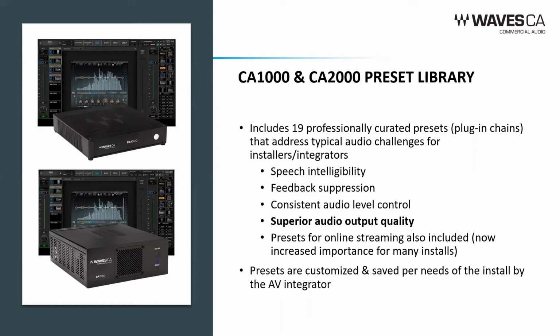We also have in the Wave CA product some professional presets that are built for online streaming. In today's world, we definitely see customers that want to be able to take their audio that's in their conference room and also be able to stream it online for a public audience.